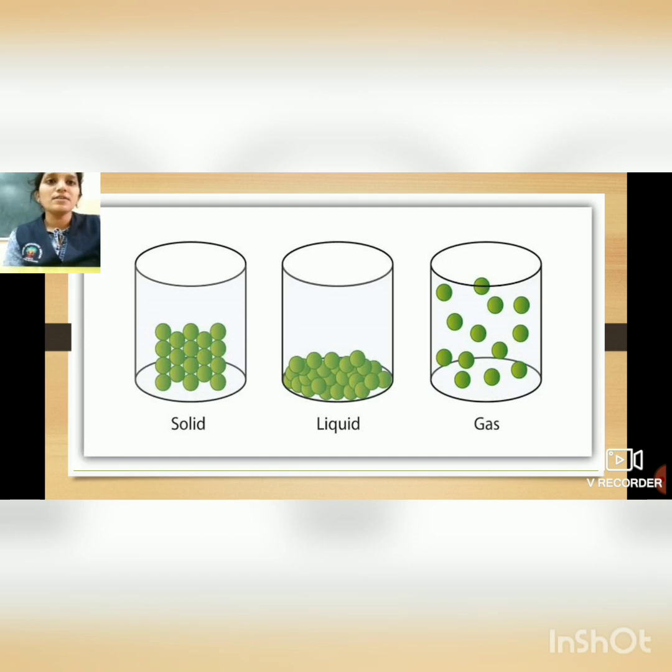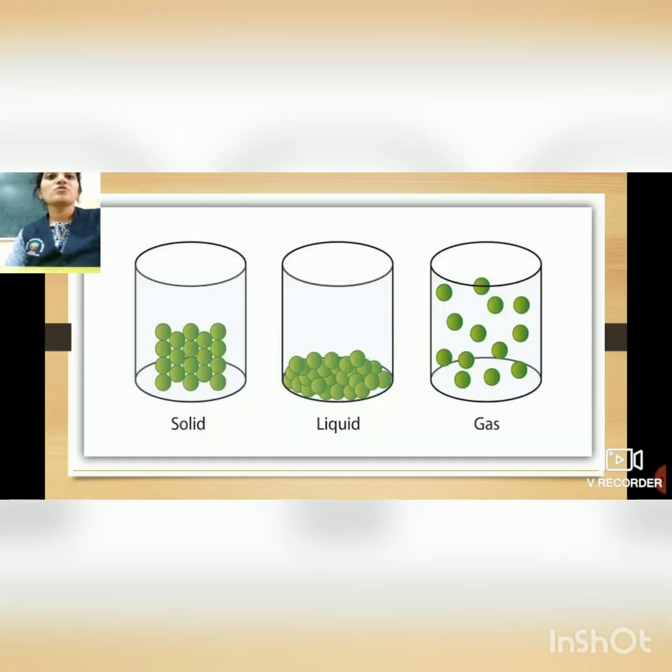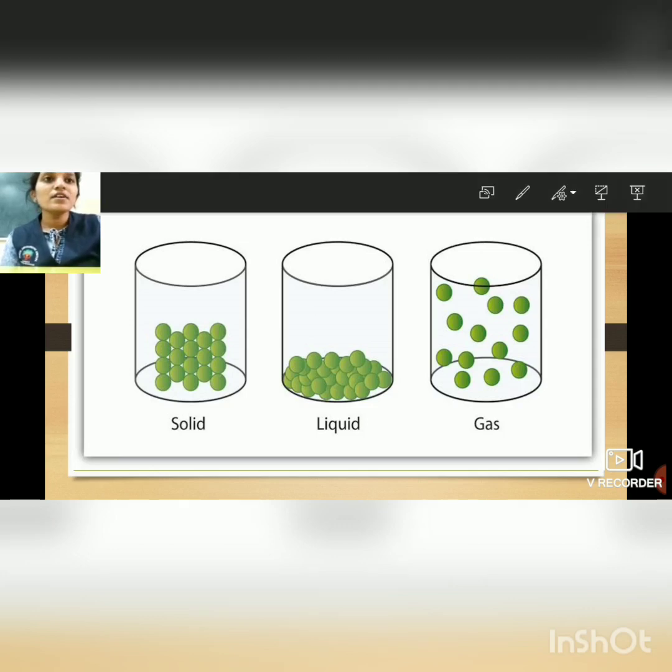And now students, we are going to see the difference between the molecules in a solid, liquid and gases. Here we can see that there is a difference between the place of molecules. In solids the molecules are closely packed. The molecules are closely attached, while in liquid there is a little bit of space available.